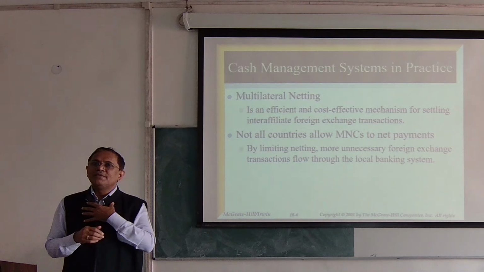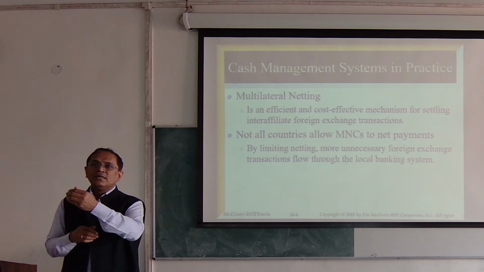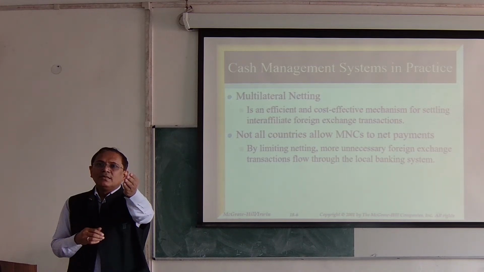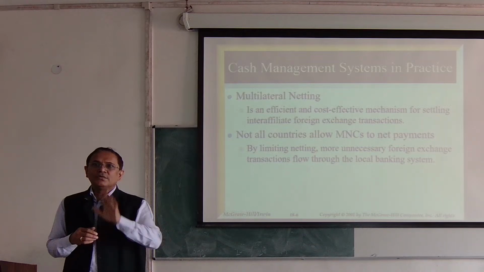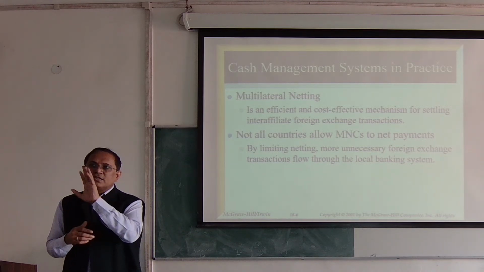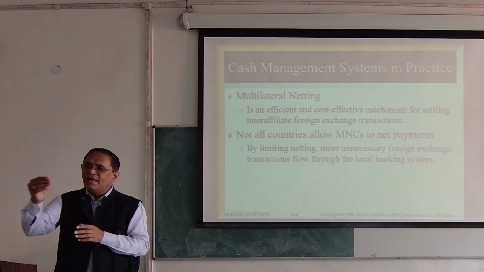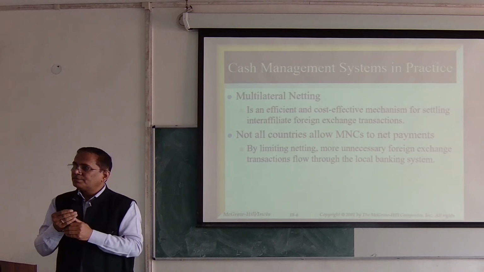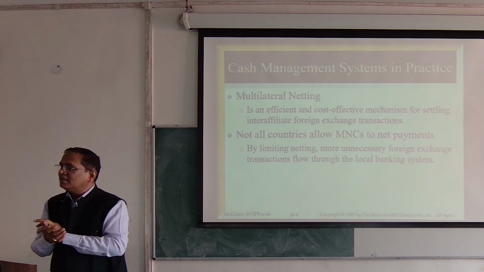I have to receive payment from her and she has to receive payment from him. She can directly say, see dear, you directly pay him. Now understand what the benefit is. Again, a cost related benefit is going to come. If I have to receive payment from her, it will be one transaction. He will be paying her, another transaction.